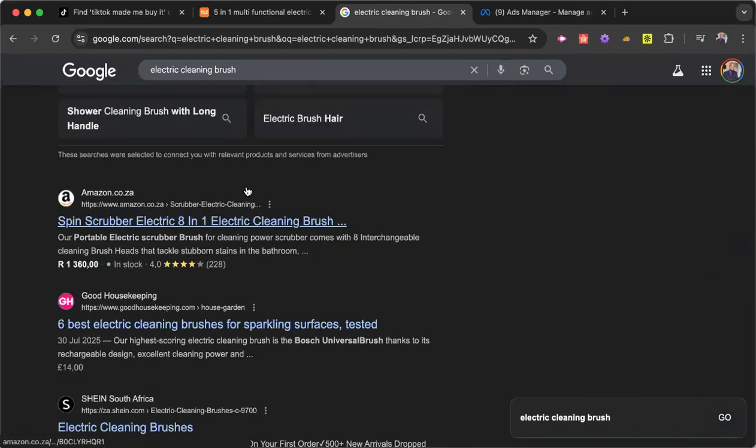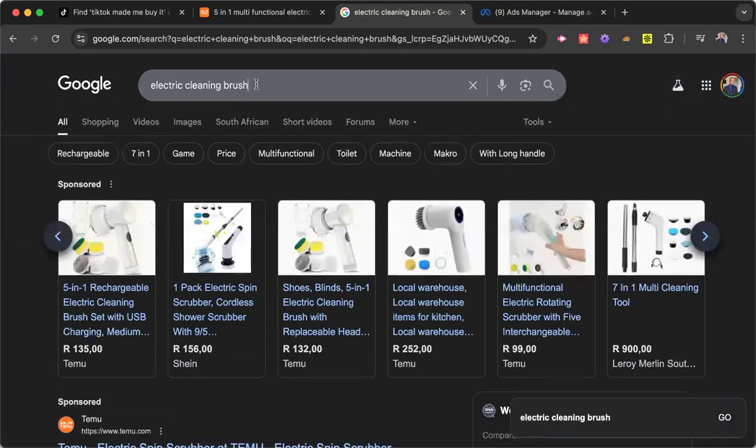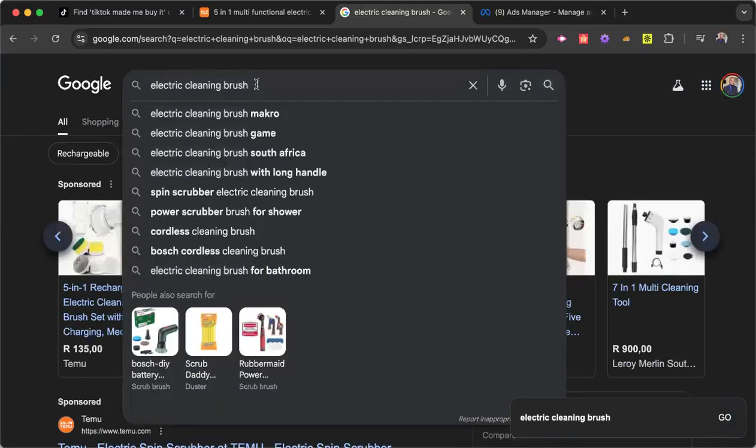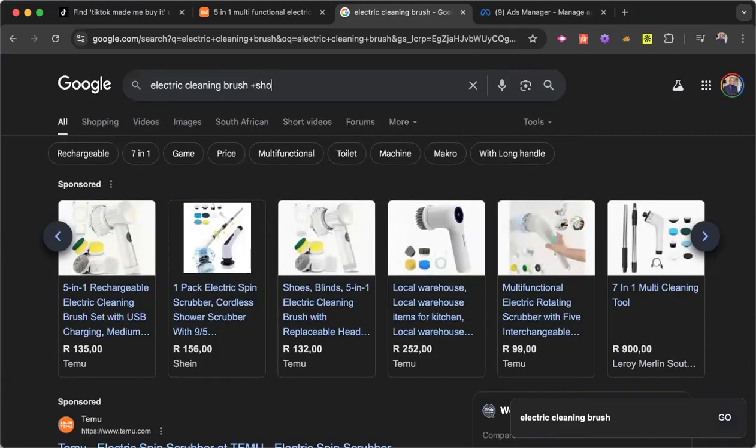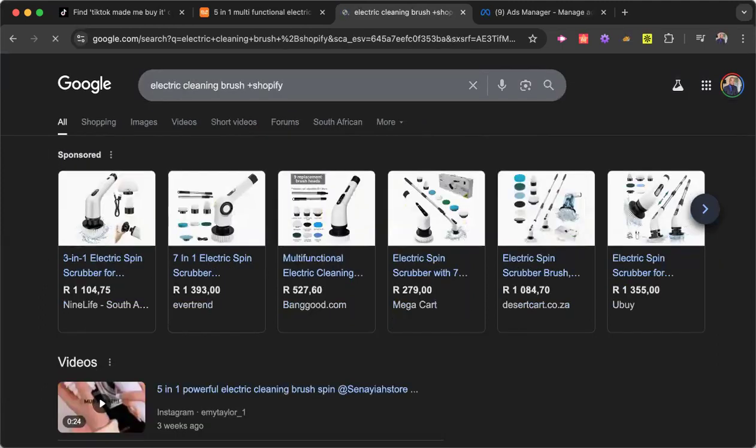If you are struggling to find prices like this, what you can do is type electric cleaning brush and then add plus Shopify. Ideally we're telling Google, please find Shopify websites that sell this product, because those are going to be our direct competitors.